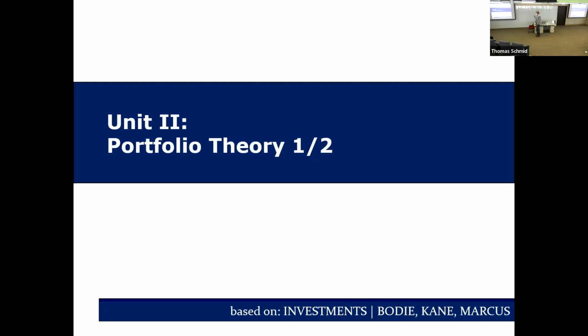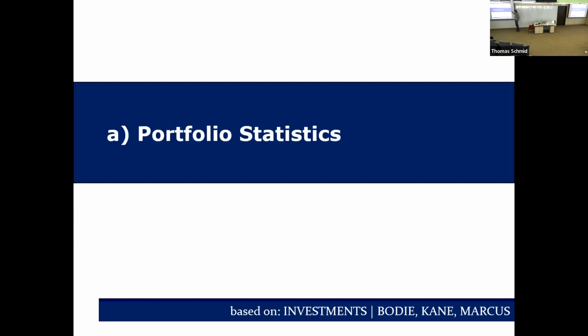Unit 2 will start with portfolio, where we start to think about portfolio theory. We'll first start with a chapter on portfolio statistics. Most of the content in this chapter should be known to you from core statistics courses or even from your school time.